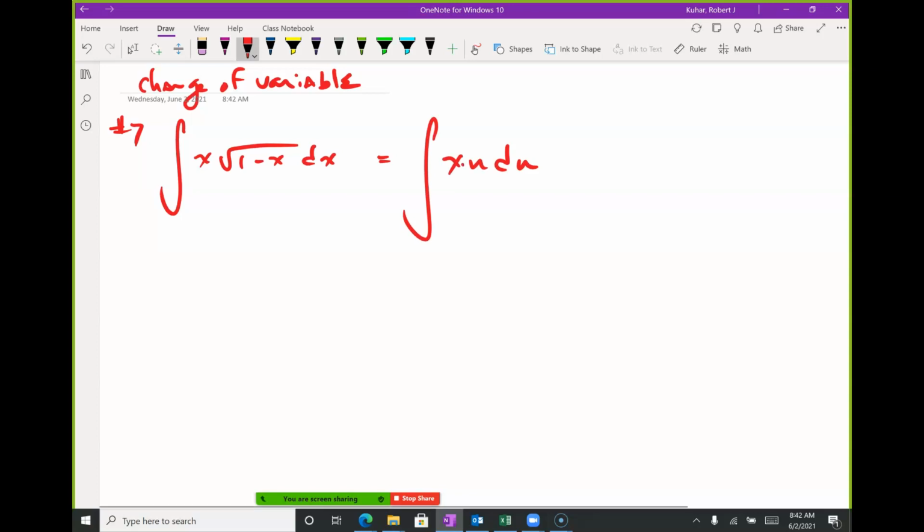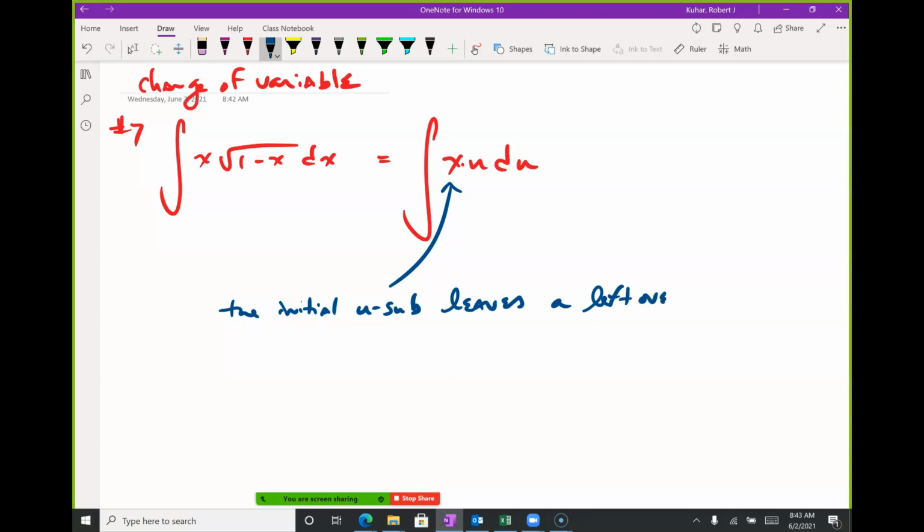And so the key is when I do my initial u sub, the initial u sub leaves a leftover variable of x or whatever. I typically always use x. Some could be theta, etc.